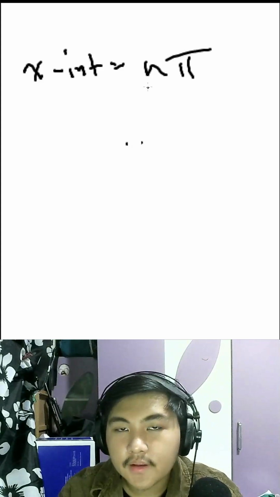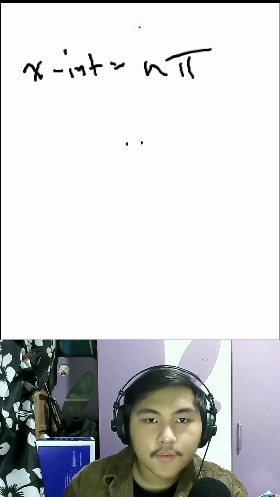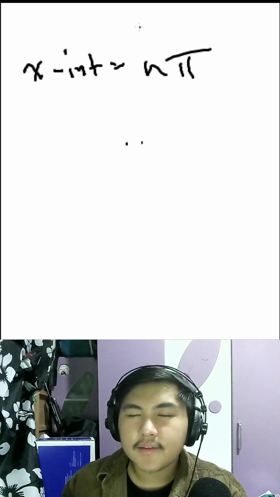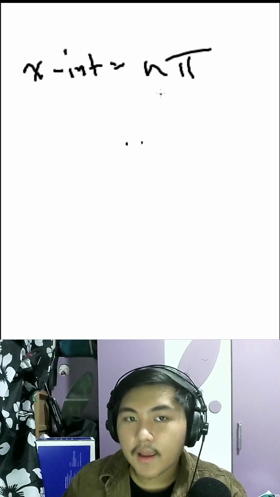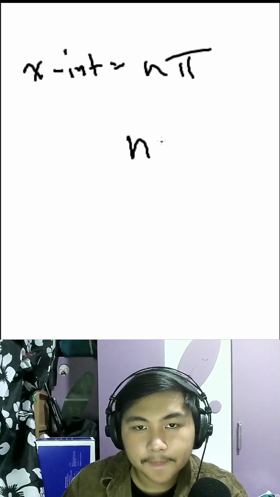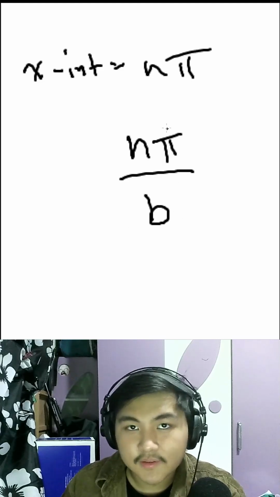But of course, these x-intercepts can change with transformations. If the frequency is not exactly 1, then your new method for finding x-intercepts would be n pi over b, with b being your frequency.